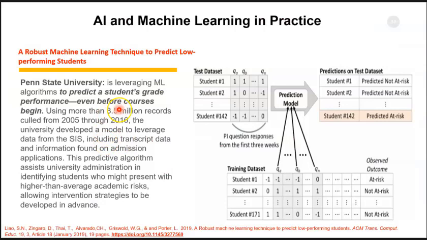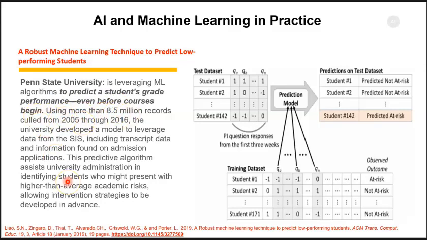Also, another example of incorporating AI and machine learning in education is creating applications to predict low-performing students. For example, Penn State University and the University of California created and used a machine learning algorithm to predict students' grade performance even before the course begins.